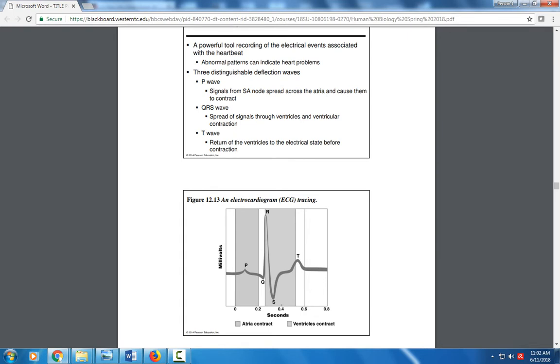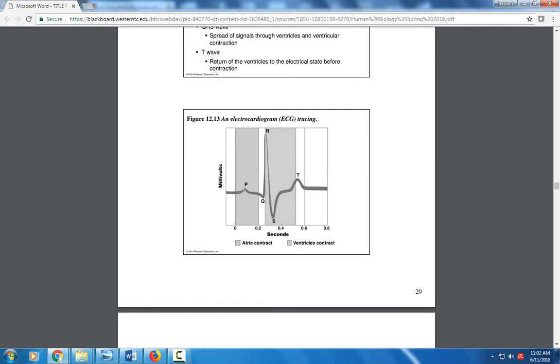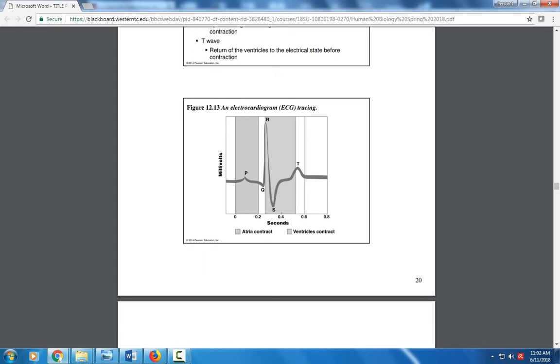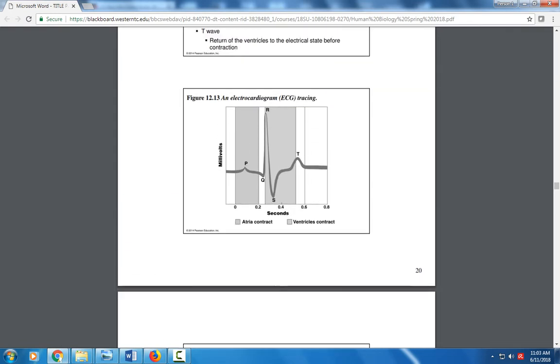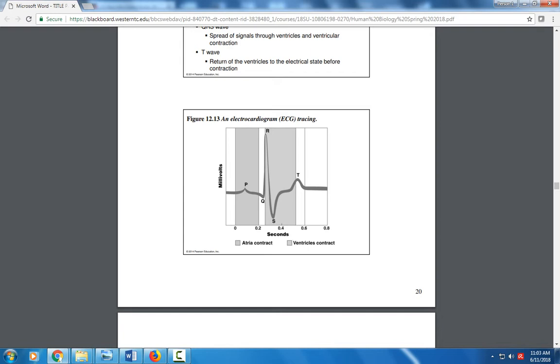We look at that rhythm when we do an EKG tracing on a patient that comes in with heart conditions or heart problems. So an EKG is an important tool for evaluating the function of the heart. A P wave with a normal QRS is what we like to see, followed by a little T wave showing the ventricles are relaxing.